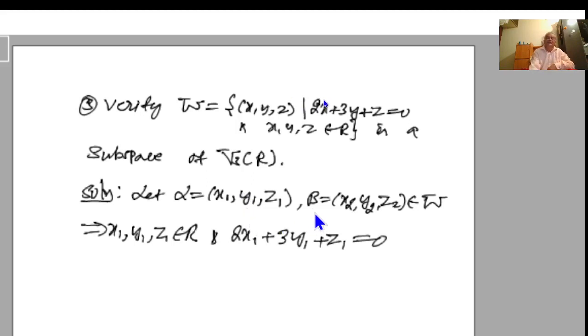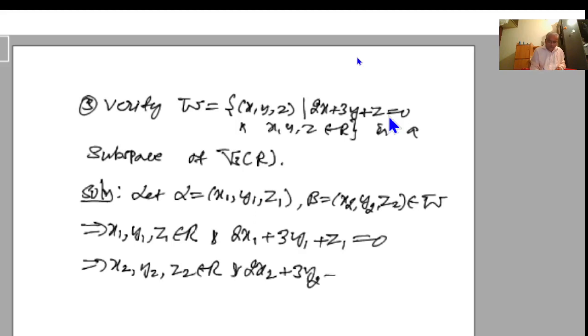And next, beta equal to x2, y2, z2 belongs to W means x2, y2, z2 belong to R and 2x2 plus 3y2 plus z2 is equal to 0.